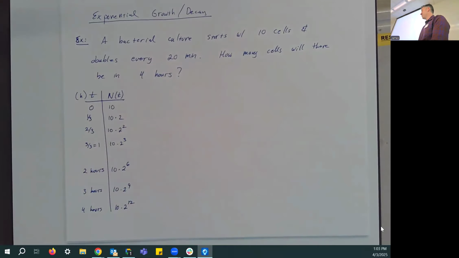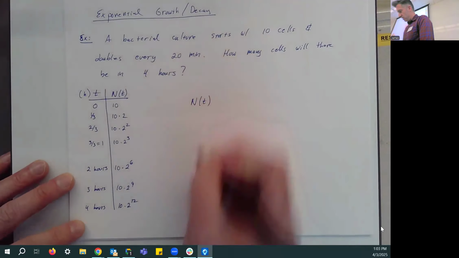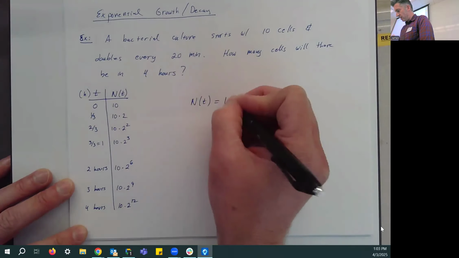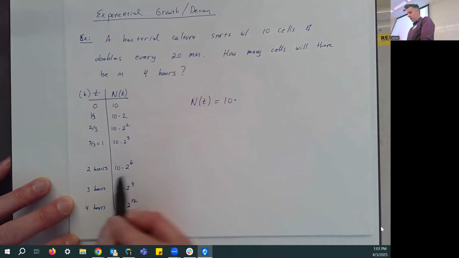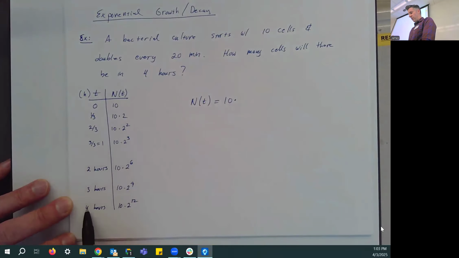We could probably even write a function based on the number of hours that have elapsed. It looks to me like the number of bacteria at time t is equal to 10 times, let's see. At 2 hours, we had a power of 6. At 3 hours, a power of 9. At 4 hours, a power of 12. At 5 hours, a power of 15. 6 hours, a power of 18.